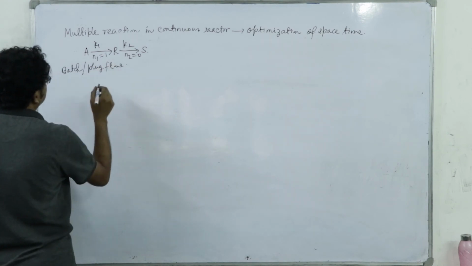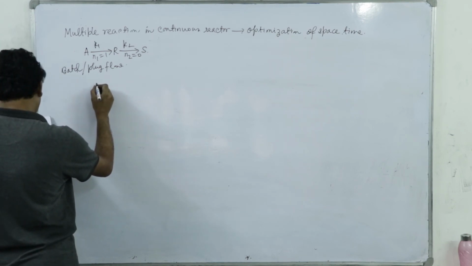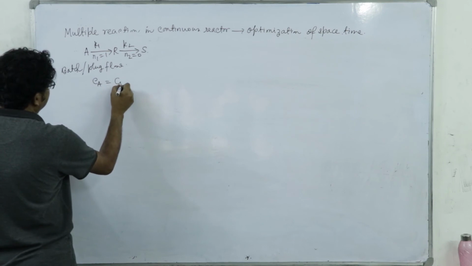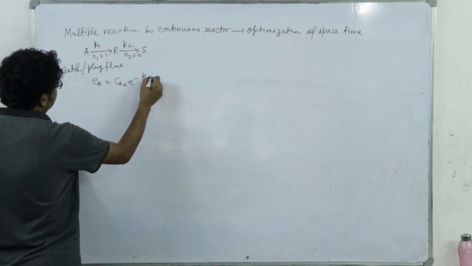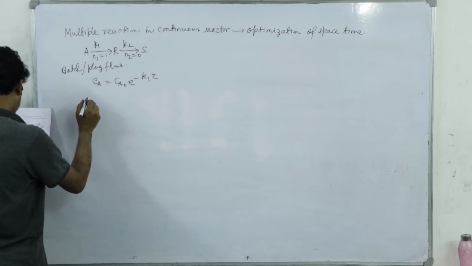So obviously we will have Ca equal to Ca naught into e to the power minus k1 tau. It's obvious, right?